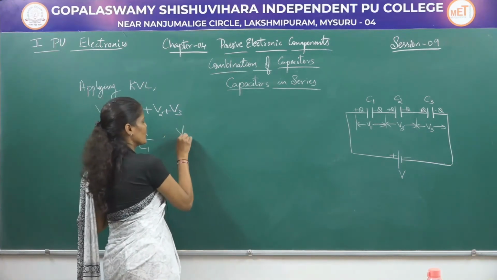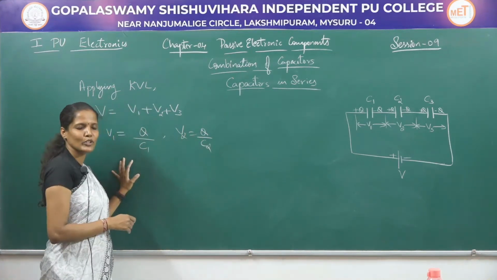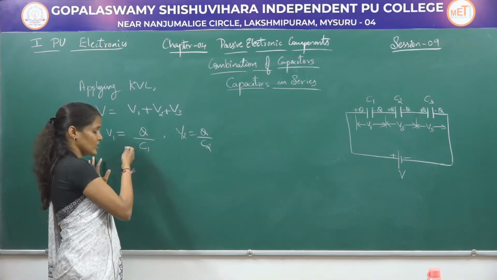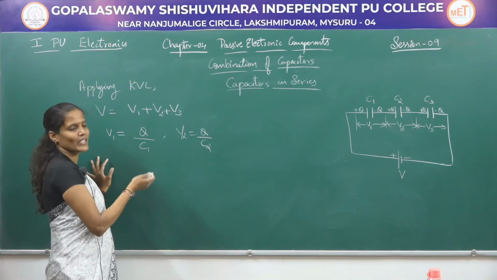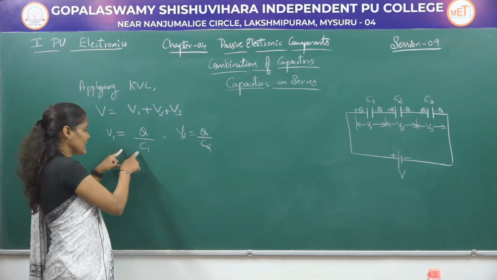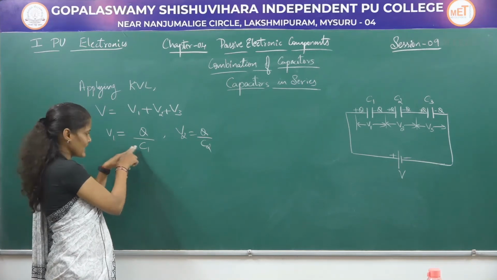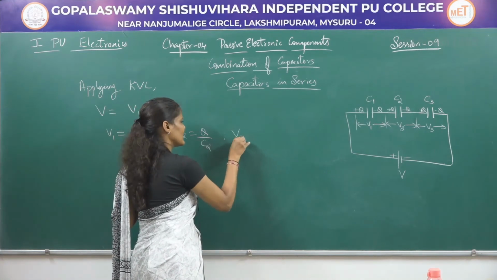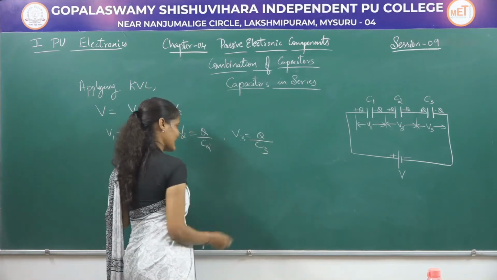Similarly, V2 will be equal to Q divided by C2, where V is the potential across the capacitor and C is the capacitance of a capacitor. So V1 is the potential across the capacitor C1, V2 is the potential across the capacitor C2. Similarly, V3 will be equal to Q divided by C3.